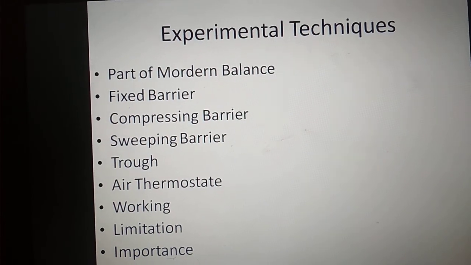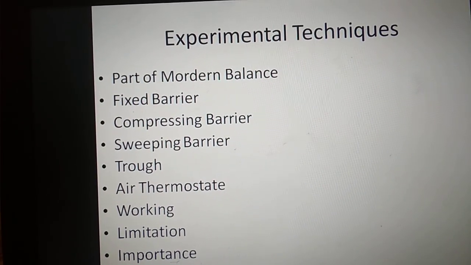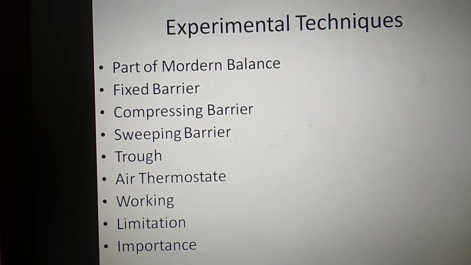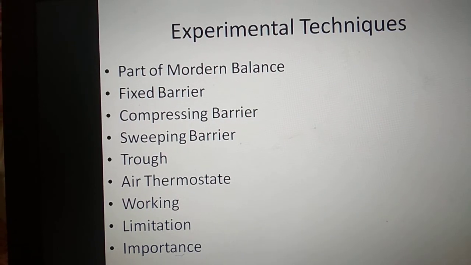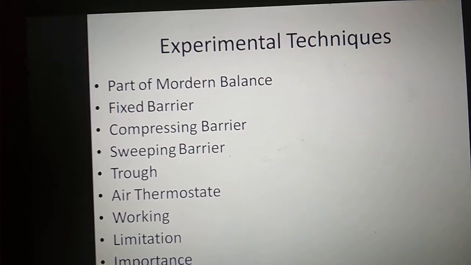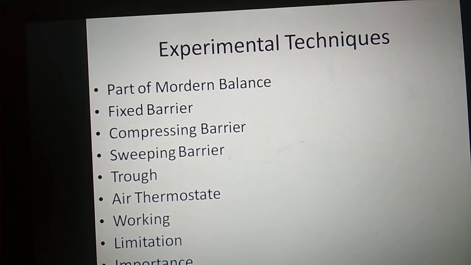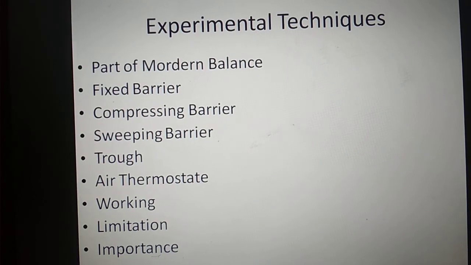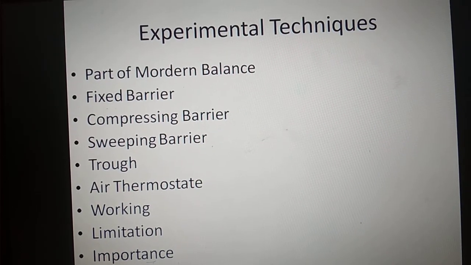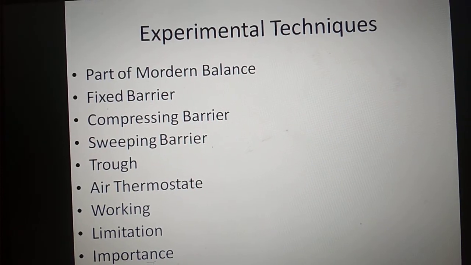Working of the modern balance: a tiny amount of insoluble spreading substance is introduced onto a clean water surface, for example a dilute solution of stearic acid in benzene. The benzene evaporates, leaving a film. Then the sweeping barrier is advanced toward the compressing barrier.